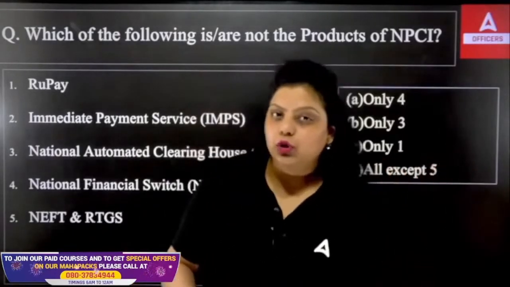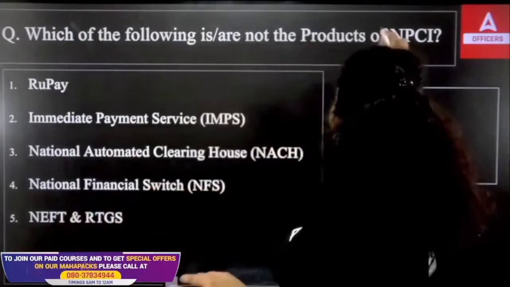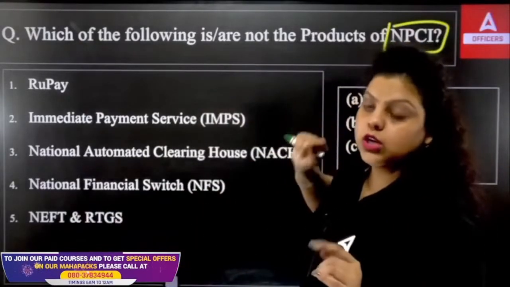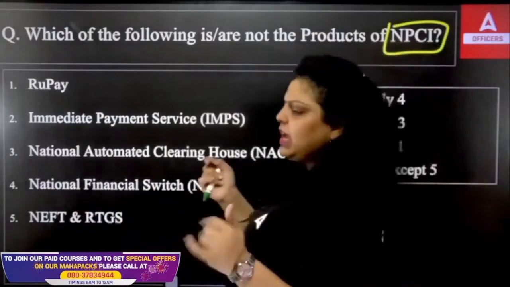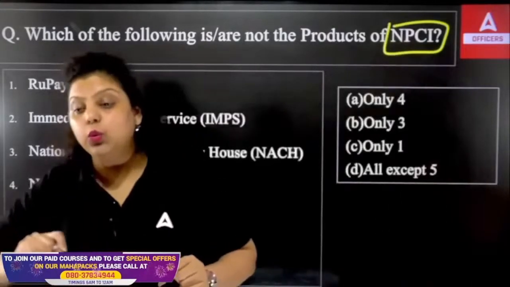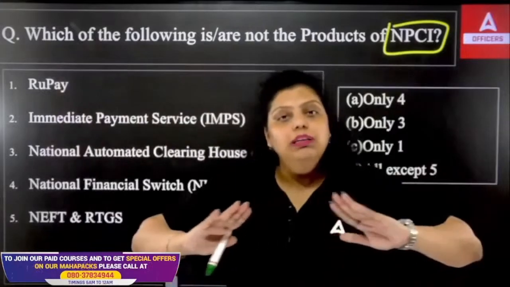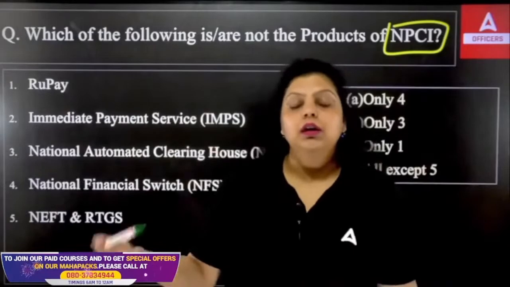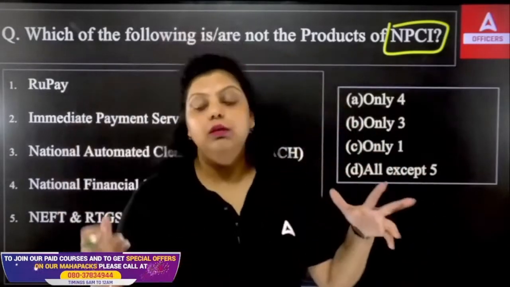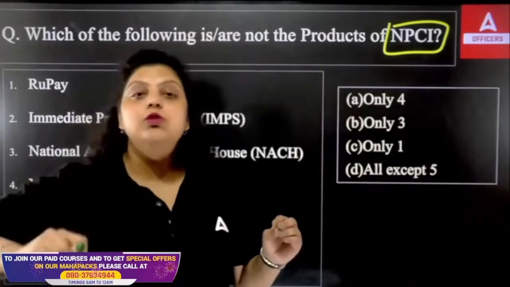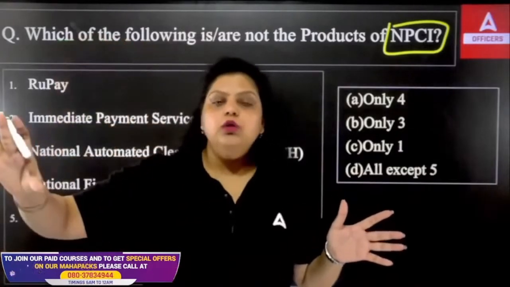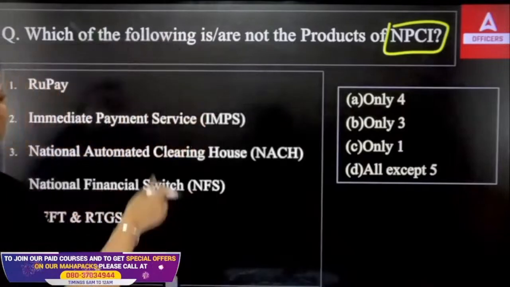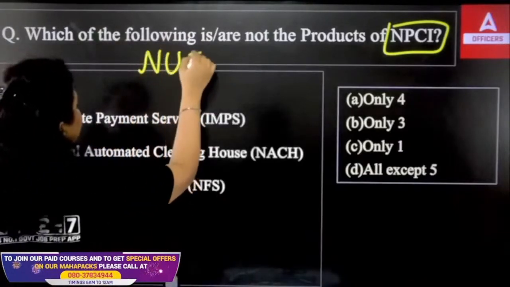NPCI was first established in 2008 by RBI and Indian Banks Association. And some time ago RBI said that NPCI has a monopoly in the market, because all the retail payments are managed by NPCI. To remove that monopoly from the market, RBI has introduced a new umbrella entity.